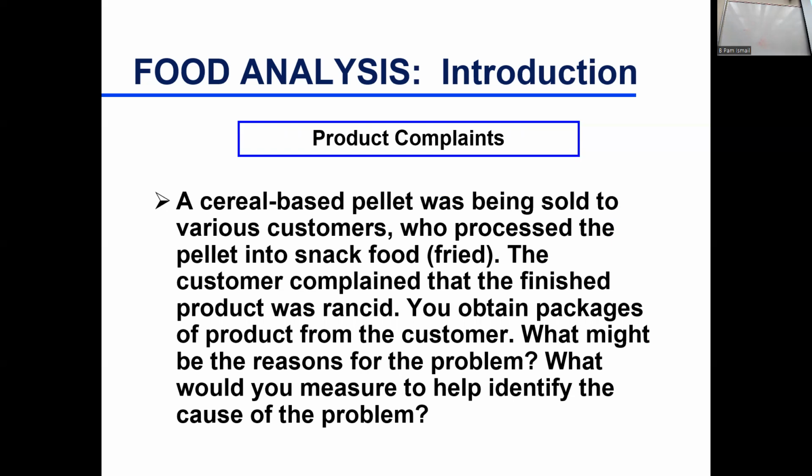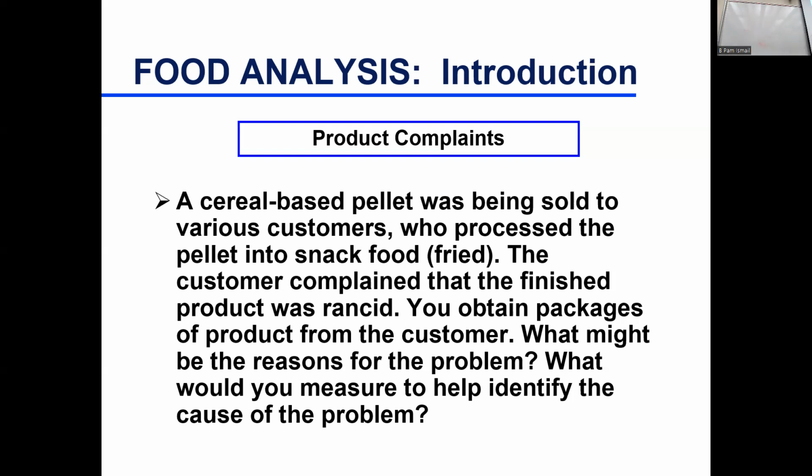I added this in there, you didn't have it in your slide, just to guide you a little better, that there is frying in oil that happens there. And then the customer fries the pallet, converts it into snack food, packages it, and sells it.